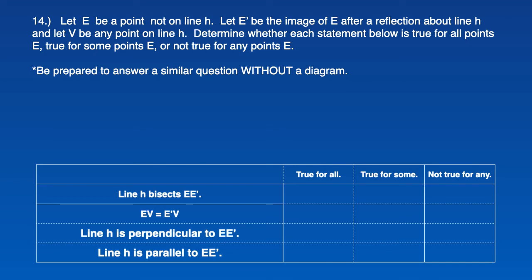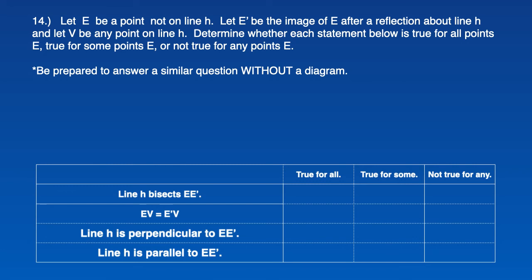It says, let E be a point not on line H. Let E prime be the image of E after a reflection about line H, and let V be any point on line H. Determine whether each statement below is true for all points E, true for some points E, or not true for any points E. As I said, be prepared to answer a similar question without a diagram.